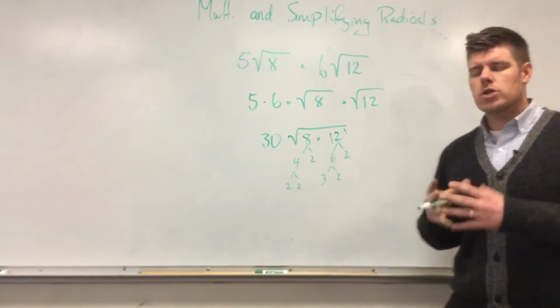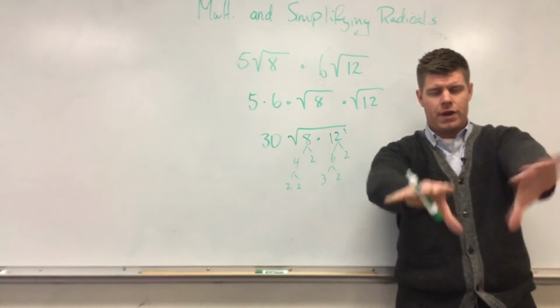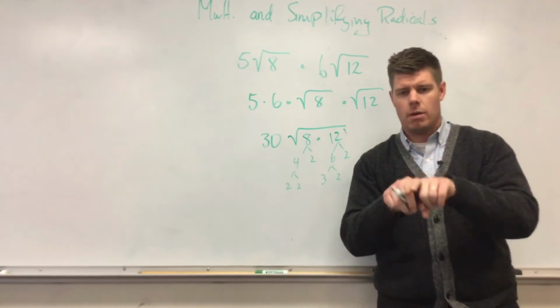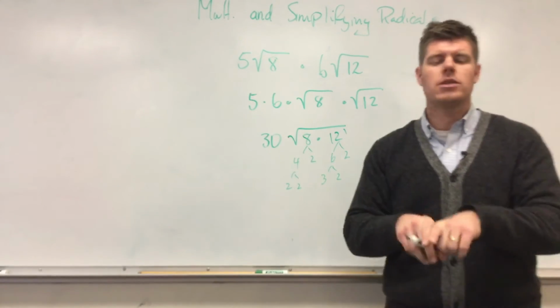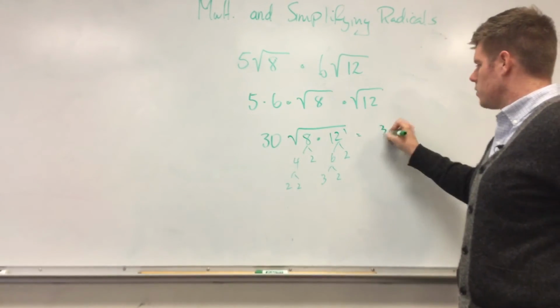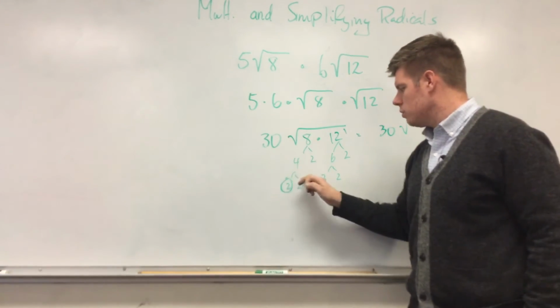So now a square root asks you the simple question, are there numbers multiplied by itself? Is there a pair of two numbers? And if there is a pair, I don't want both of them. I just want to know what that number is. So here we go. This becomes 30. All right, so square root, can I put a pair? Well, I have a 2 and a 2.